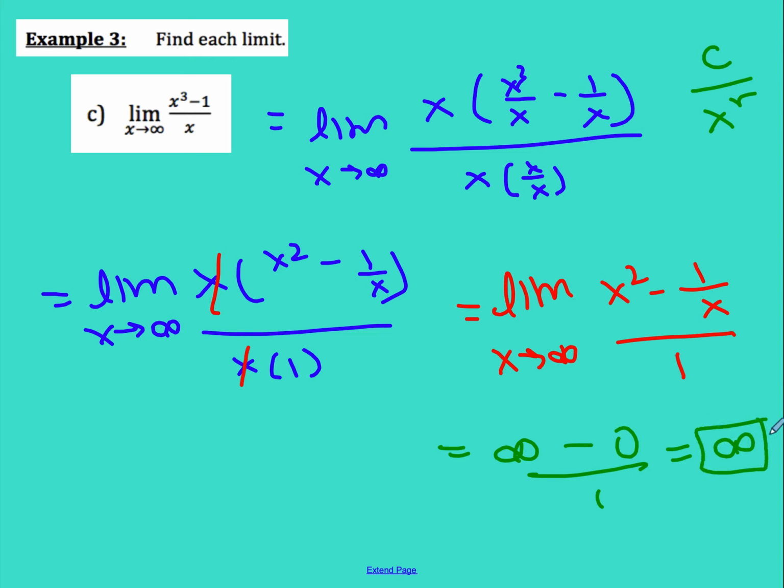So this one would actually be an answer of infinity. This part right here, the other thing you guys could do is x squared. You could graph it, and you could say, well, what does that look like as we go to infinity? So as x goes to the right, my y values continue to go up, so that is why that one is infinity. Okay, so there are my limits as we go to infinity examples.